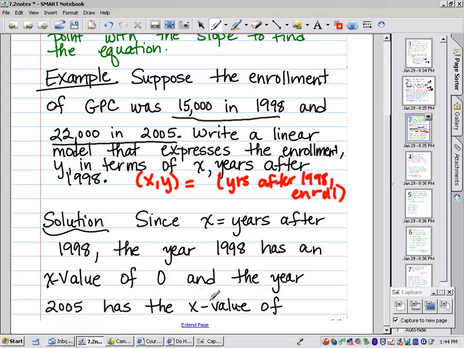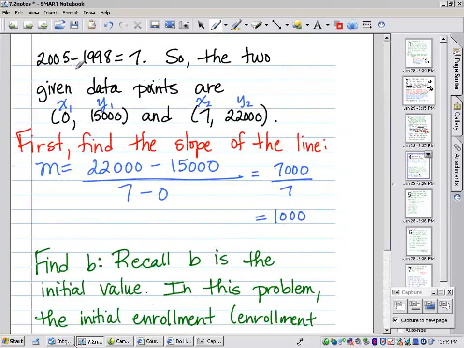But going on to find the other x value, the year 2005 has the x value of 2005 minus 1998, right? Because here we're trying to find how many years after 1998 is 2005, so we subtract off that base year to get 7. So the two given data points are (0, 15,000) and (7, 22,000). So now this looks just like any of the other problems we're dealing with. We have to find the slope.